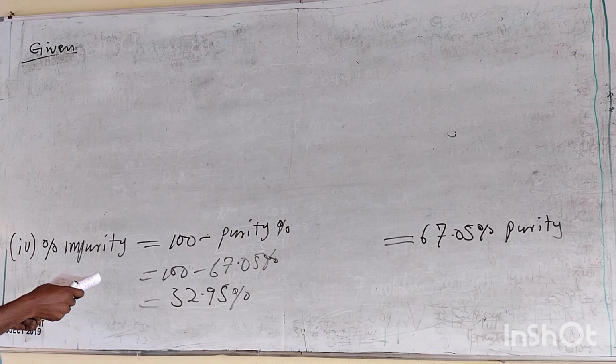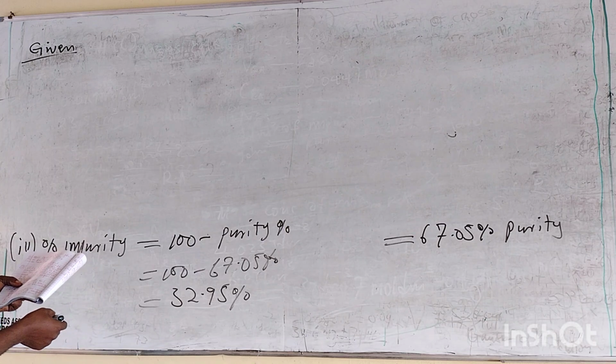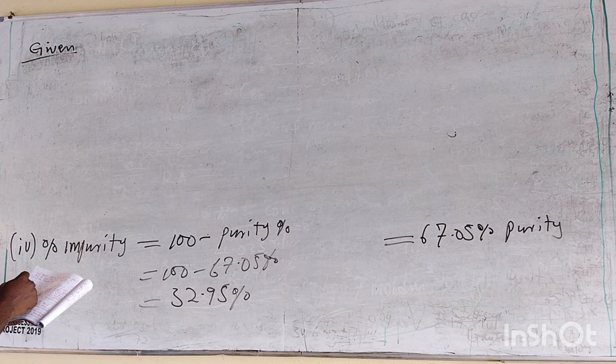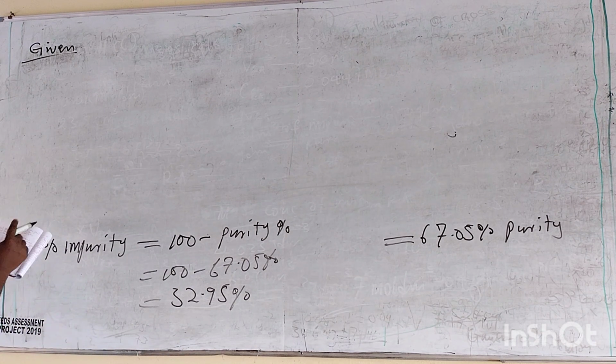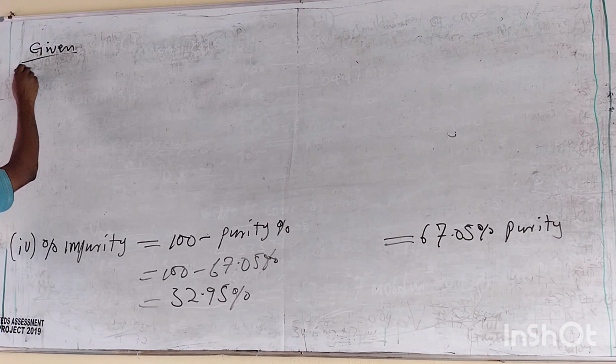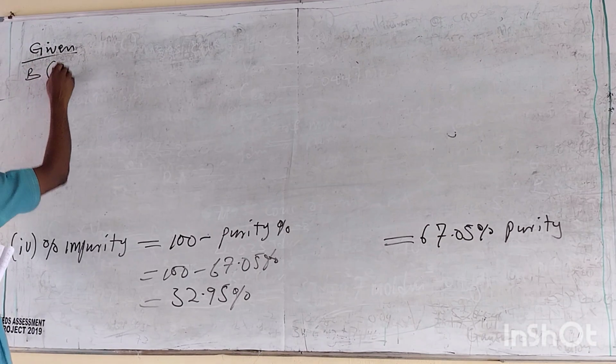Okay, question number 3. It says 15 grams of anhydrous sodium thiocarbonate having some impurities were made up to 250 cm³. So sodium thiocarbonate, let's call this B, it's always B. Let's put it that way.